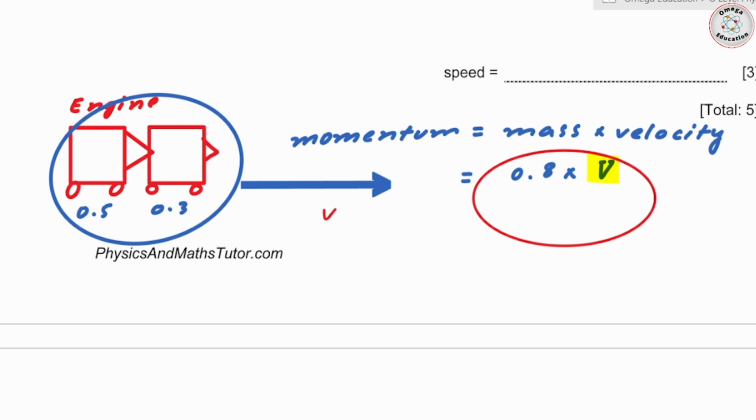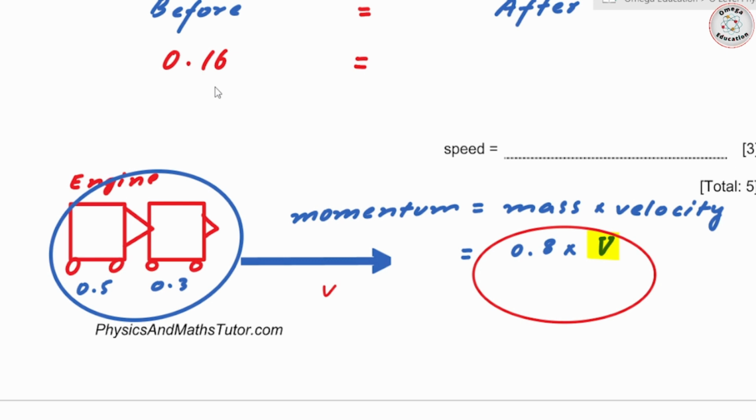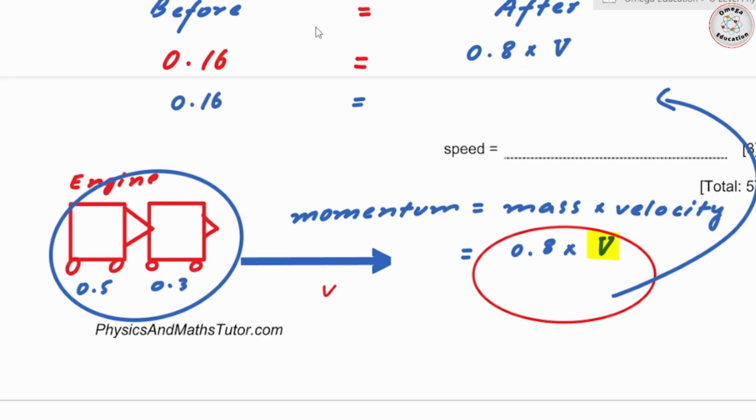Now this, according to the principle of conservation of momentum, should be equal to initial momentum. So we can write momentum after collision would be 0.8 times the capital V. Now you can obtain the value of capital V from here. This 0.8 would be shifted to the other side. It'll go in the denominator, 0.16 divided by 0.8, and that leaves you with the value of capital V, the speed.